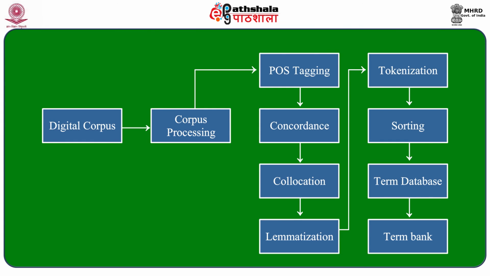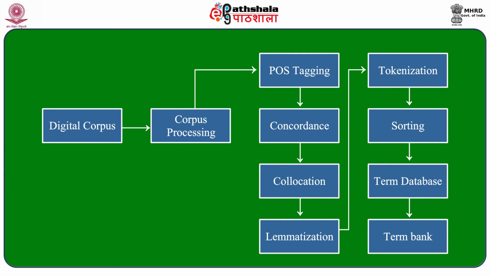Once the part-of-speech tagging is done, we can run concordance, collocation, and lemmatization processes on this corpus. Once lemmatization is carried out, we can tokenize the terms. Once the terms are tokenized and sorted out, the term database is generated. Ultimately, these term databases are converted into a term bank.